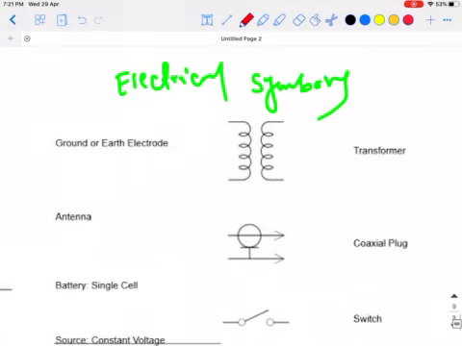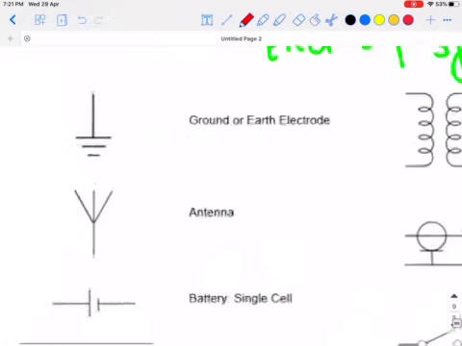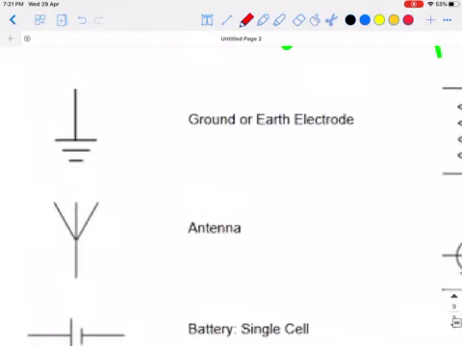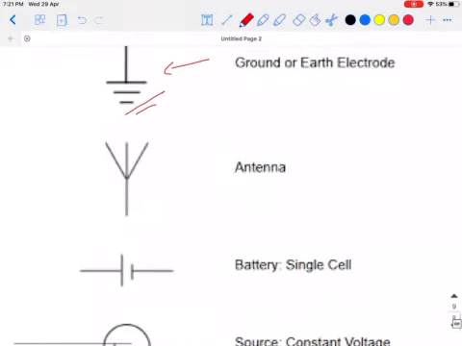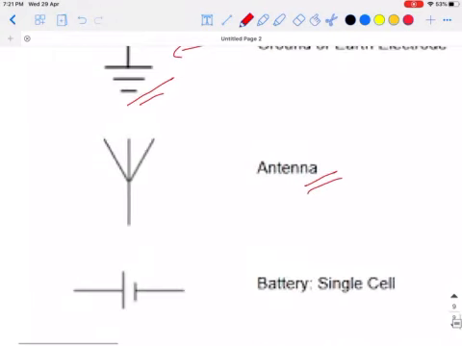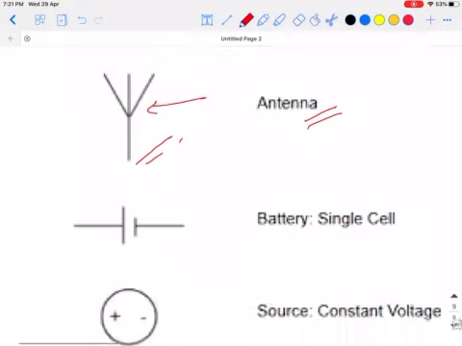The next types of symbols are electrical symbols. So let's see. For ground or earth electrode, we use this type of symbol as shown in the image. The next symbol is the antenna, which is shown in this image.